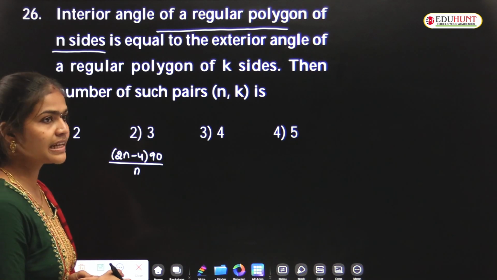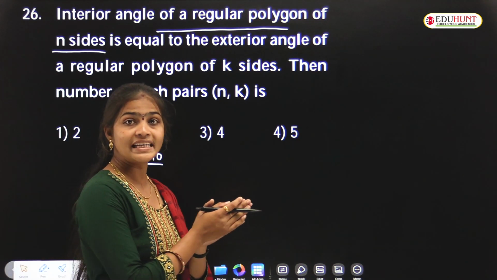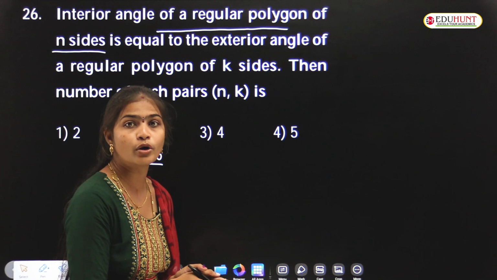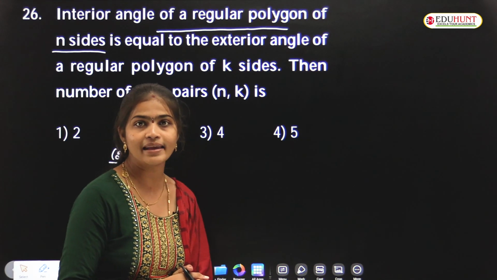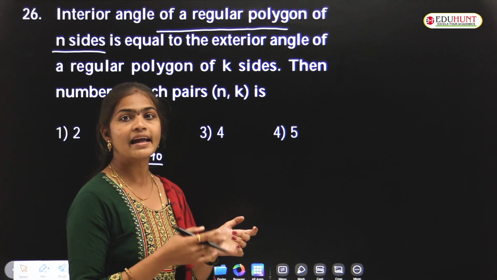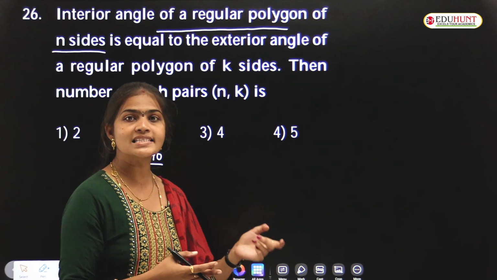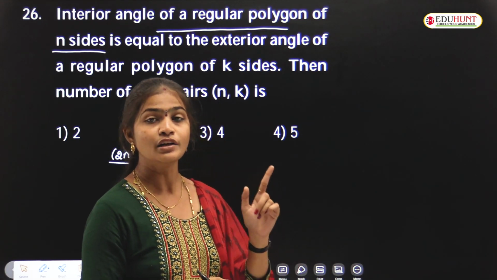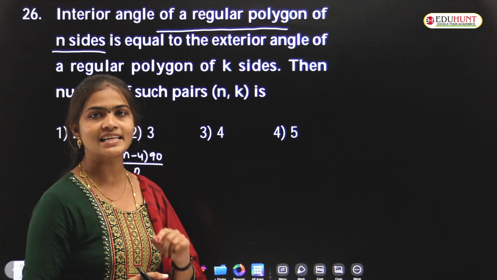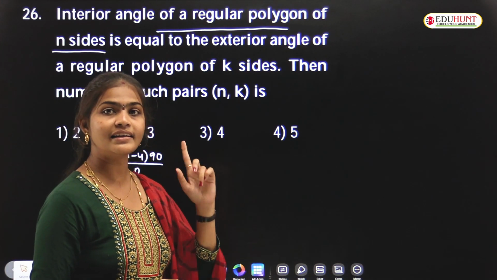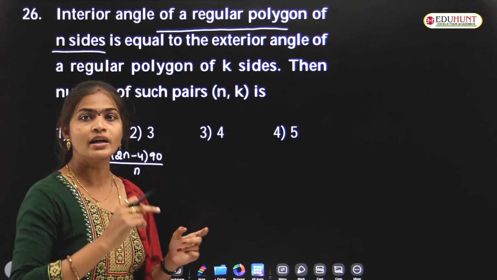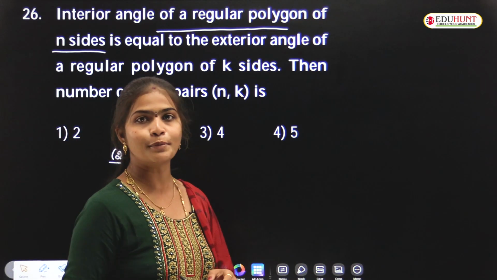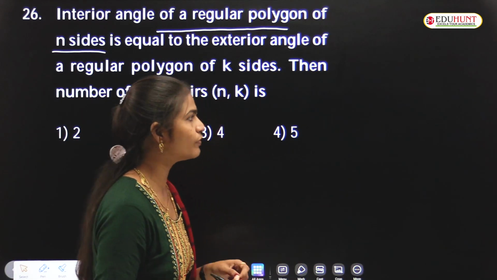So here what they are saying is that each interior angle of a polygon with n sides is equal to the exterior angle of a regular polygon having k sides. The number of sides is different, but the interior angle is equal to the exterior angle of that other polygon. That is the meaning of this question.